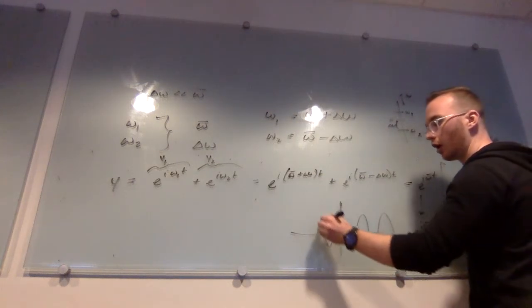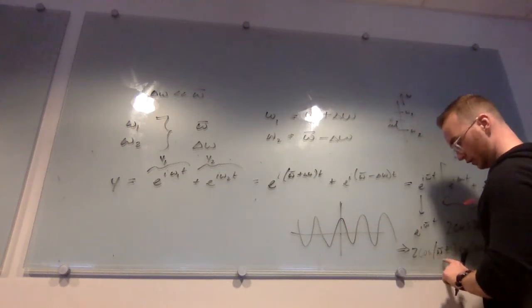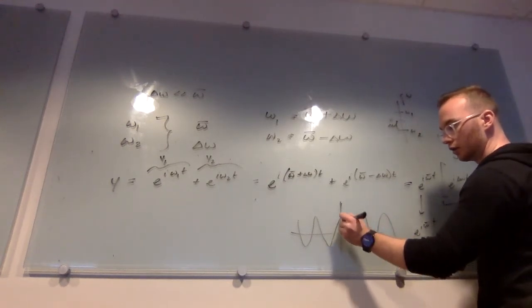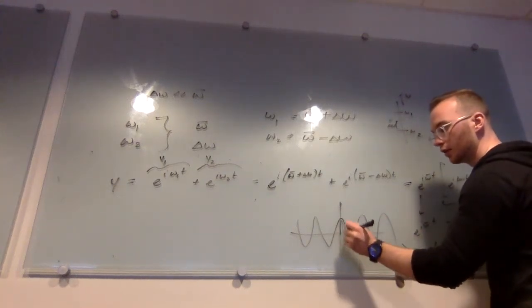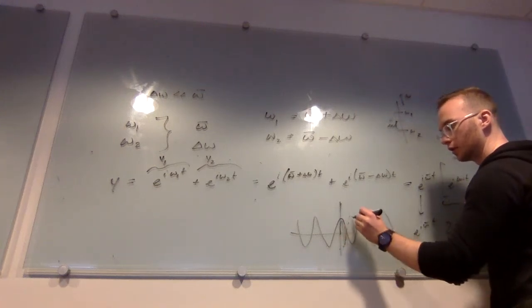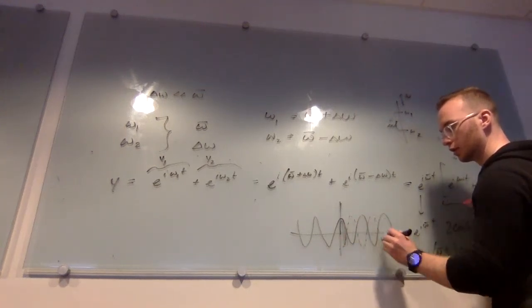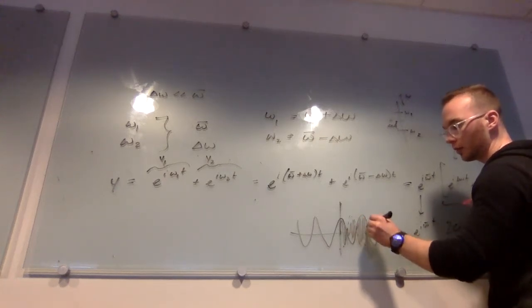So that's supposed to be a very long period. And then this omega bar, so now we're drawing the actual function. It would be like plus or minus this. Anyway, just pretend, you know what I mean?